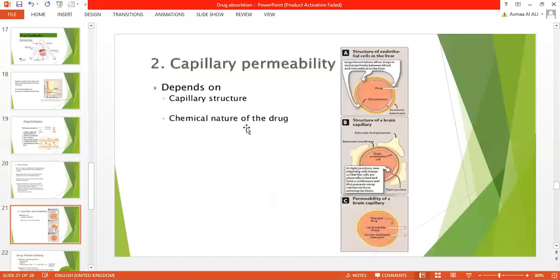The other factor is capillary permeability, which depends on capillary structure and the chemical nature of the drug.